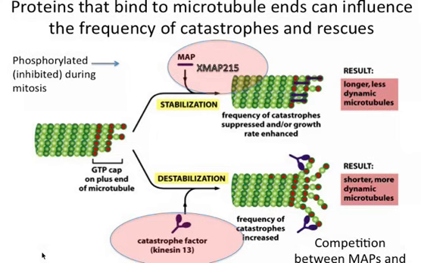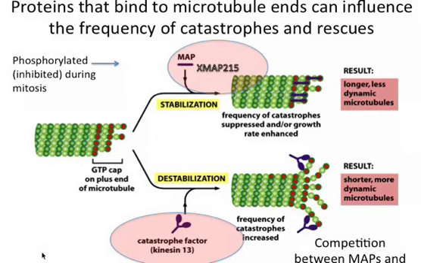A MAP protein called XMAP215 binds to the ends and stabilizes microtubules, so it suppresses catastrophe. And the result is longer, less dynamic microtubules.